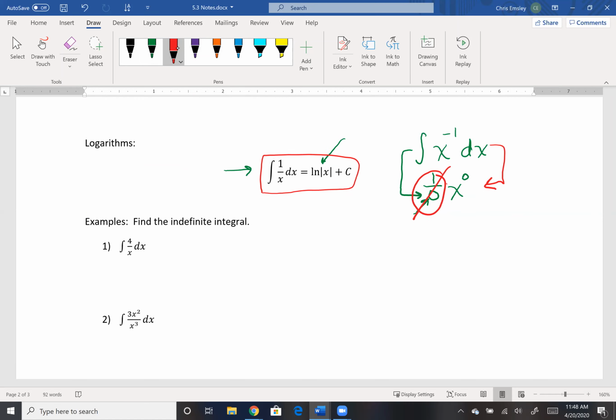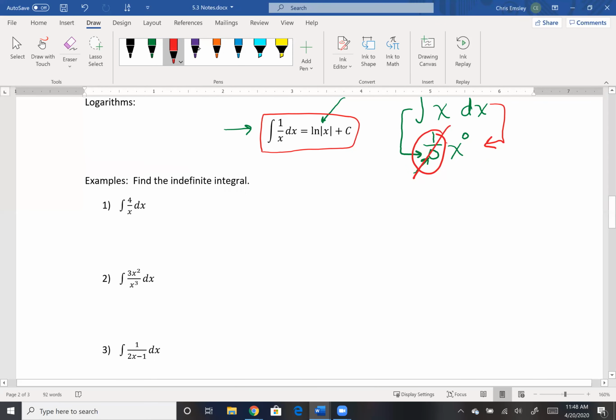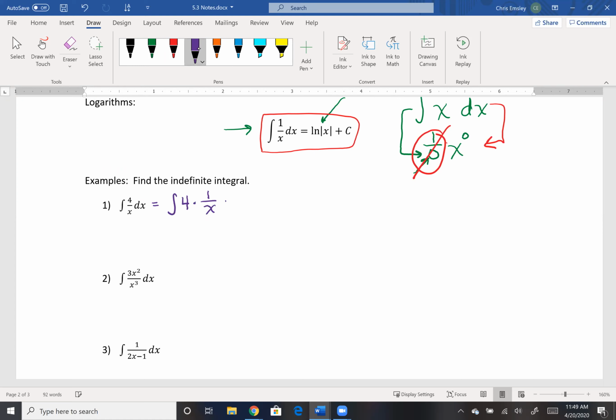Okay, so let's look at problems. This first one, this is an algebra simplification that we've talked about before. You guys need to remember that this is equivalent to 4 times 1 over x dx. Whatever's in the numerator, you can always separate that out as a coefficient if you want to.